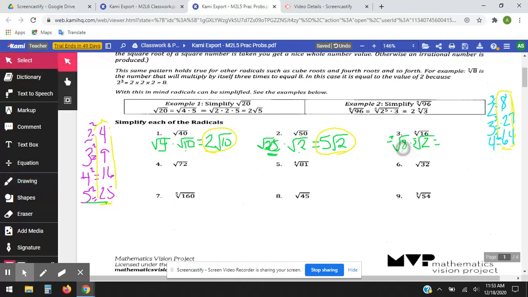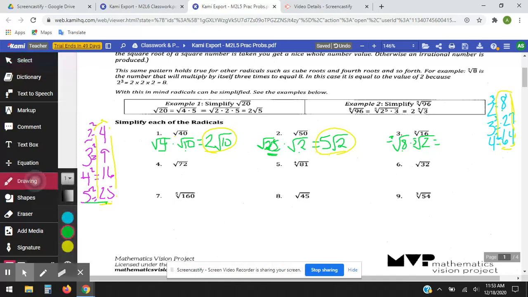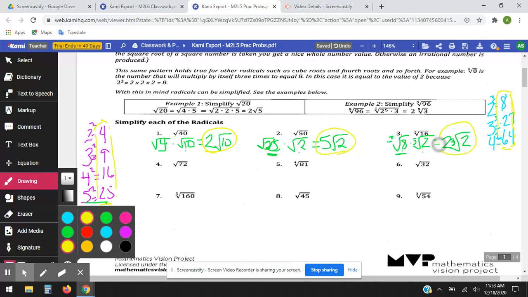Again, double check, 8 times 2 is 16, so I've done that one correctly. Now the cube root of 8 is 2. I can't simplify the cube root of 2. So it's 2 cube root of 2. Final answer.